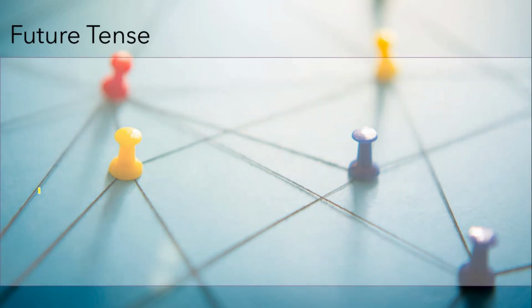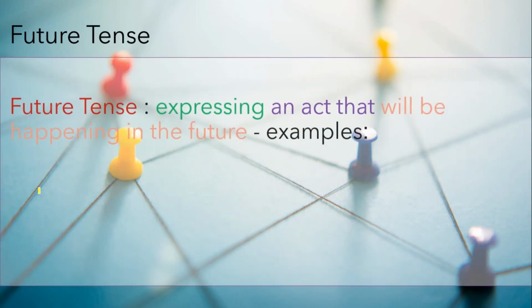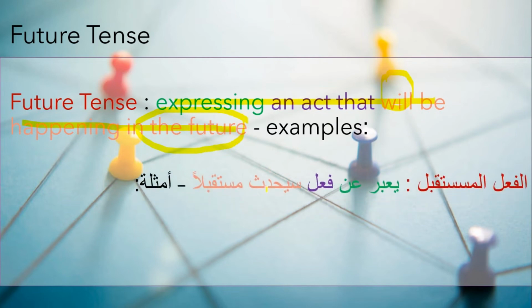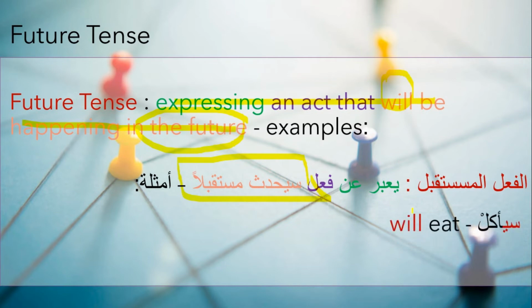Now let's go to the future tense. Future tense definition, exactly the same as in the English language, expresses an act that will be happening in the future. In Arabic language, the future tense is الفعل المستقبل. فعل المستقبل, which is the verb that has to happen in the future. سيحدث مستقبلا.